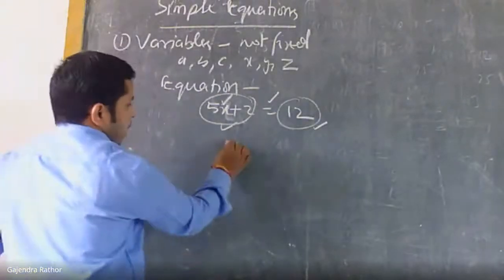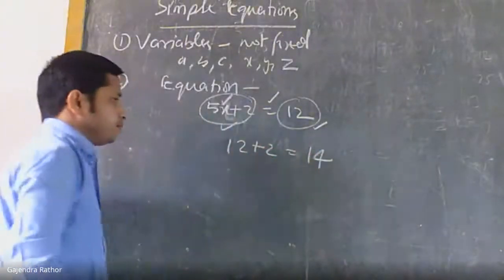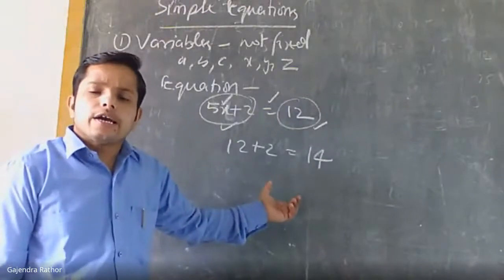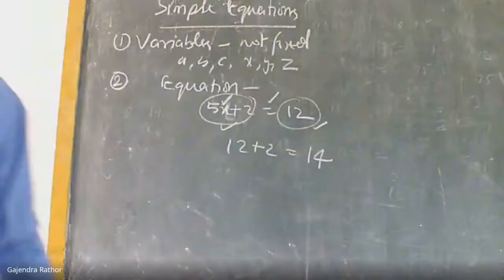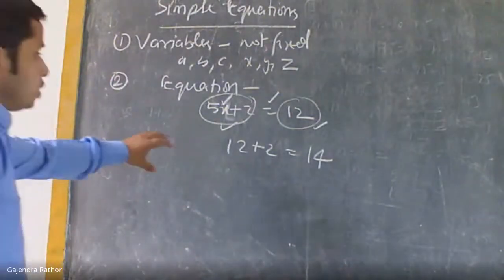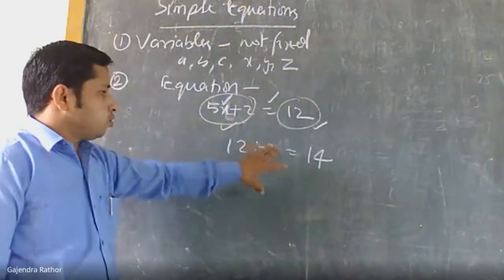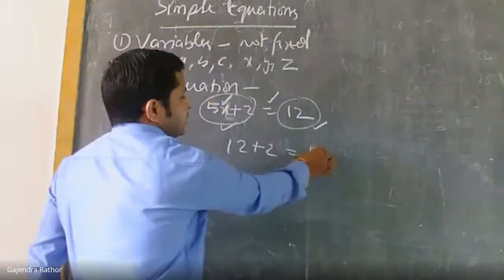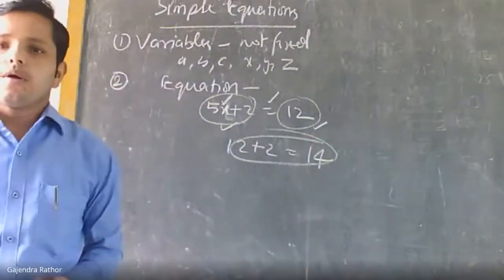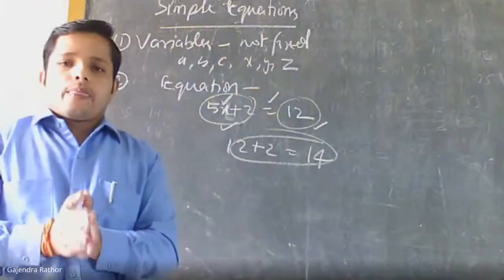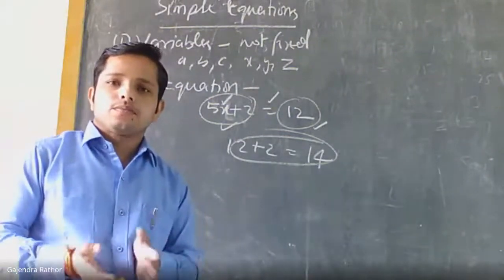For example, 12 plus 2 is equal to 14. Is this an equation? It's not an equation because it does not contain any variables. So this is just an expression, not an equation. Okay, I hope you understand and recall the equation.